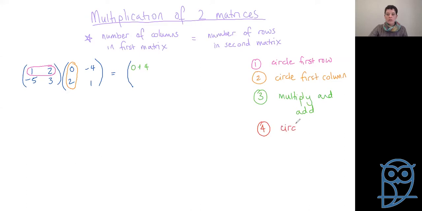Then we're going to circle the second column. So it's a column, so it's hiding there in the second matrix, because our second matrix is the one that's all about circling columns. And guess what we're going to do next? We're going to multiply and add.